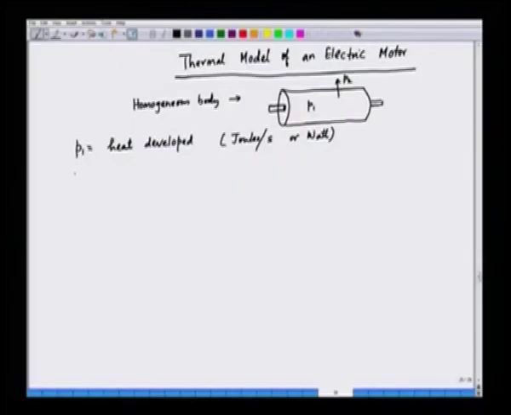So, P2 in this case is heat dissipated to the cooling medium, primarily the surrounding, and this unit is also joules per second or watt.